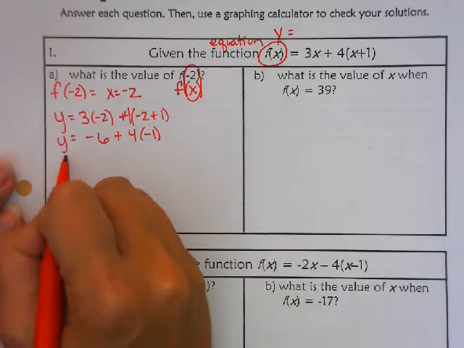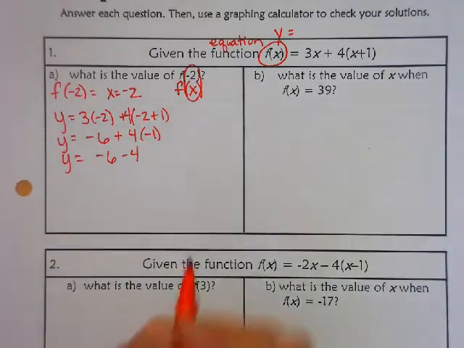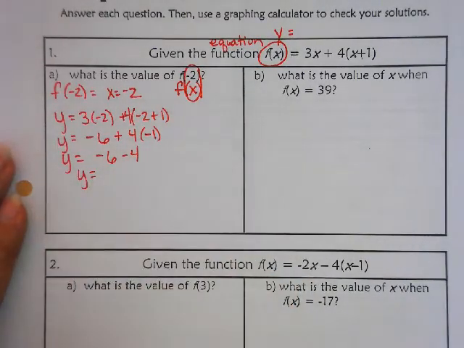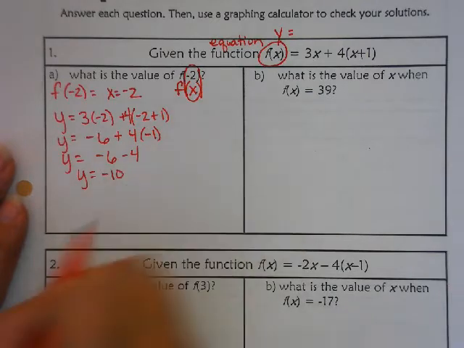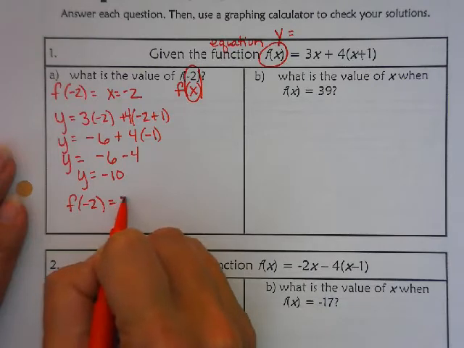Negative 1. So I have negative 6 minus 4. What do I get? Negative 6 and a negative 4 is what? Negative 10. So what this is saying is that when we have f of negative 2, we get negative 10.